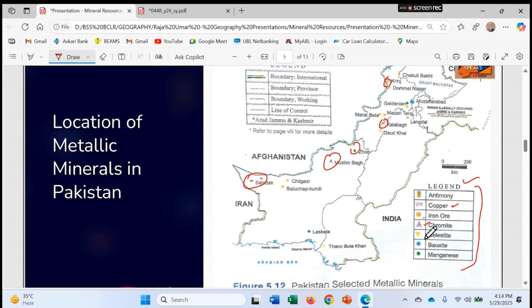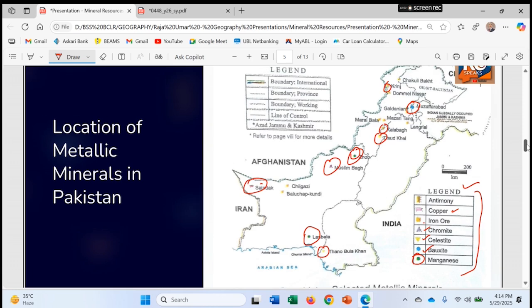Then celestite, the inverted triangle given over here at Daud Khel, and down over here at Tando Bulakhan in Sindh province. Bauxite, you can see at Muzaffarabad, Azad Kashmir. Manganese over here at Lasbela Plains, and even at Yob, Balochistan.